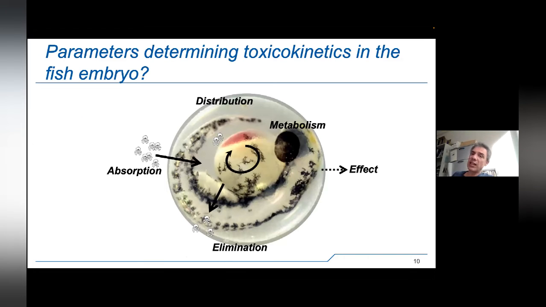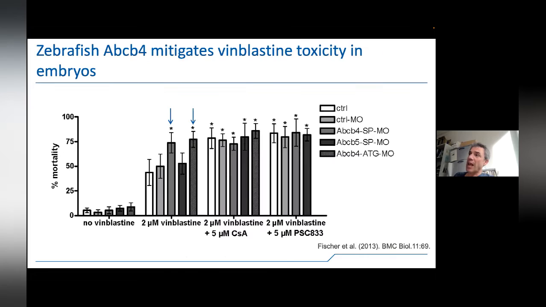So basically, we try to understand the parameters that determine toxicokinetics. So it's equivalent to pharmacokinetics of chemicals in the fish embryo. And so this again is ABCB4. When you knock it down, so we found when you knock down ABCB4, zebrafish embryos, so these are these arrows, they become more sensitive to the exposure to vinblastine.